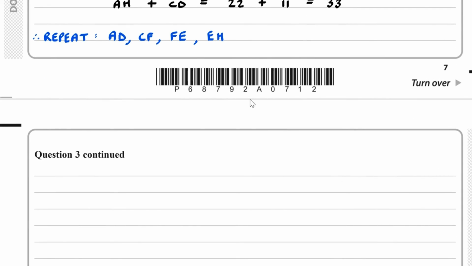So what we have to do now is track EG in this case.